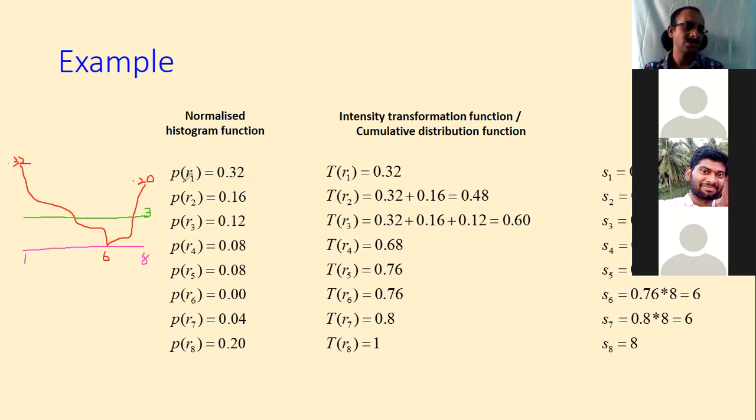So 3 pixels at each gray level, so it is 3 by 25. Roughly 0.12, close to 0.12. This is the value here. Okay, that is our 0.1, I will say, just for simplicity. So it should be like that.